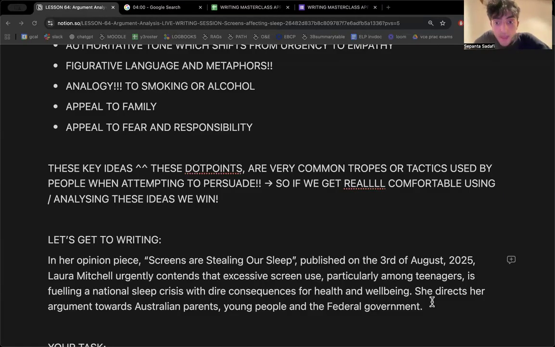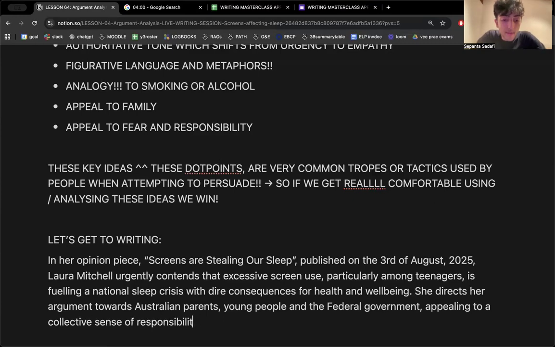Let's expand on that. So, young people and the federal government, which also, in a way, appeals to a collective sense of responsibility, right? And why is that? To regulate technology use.